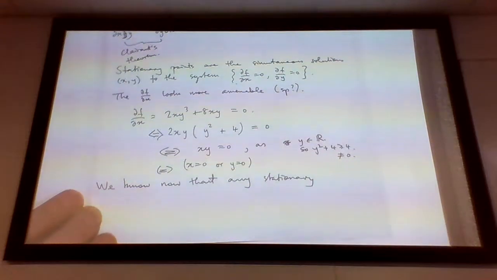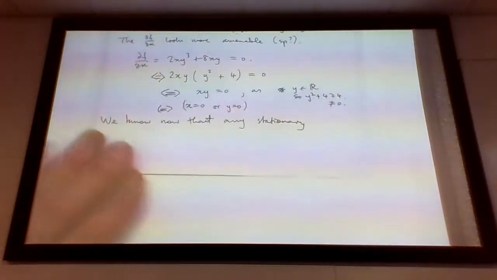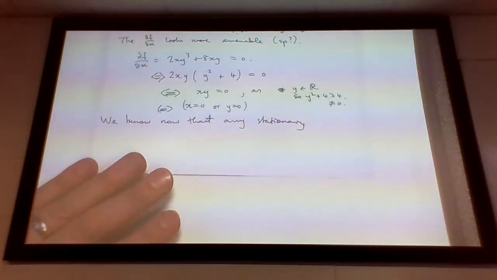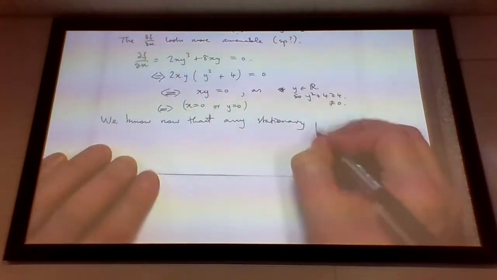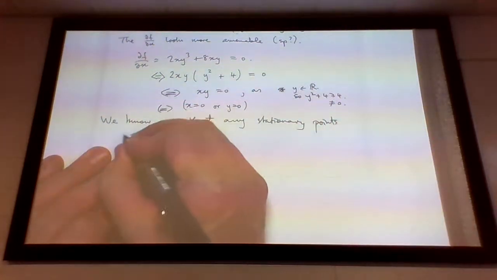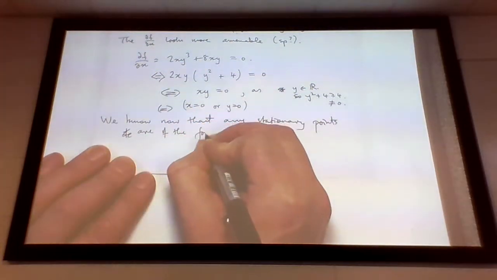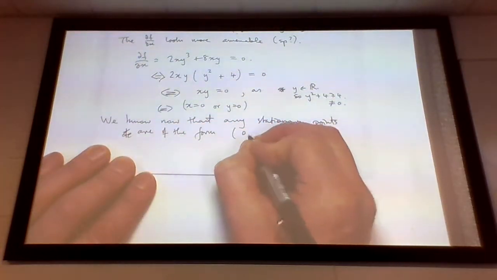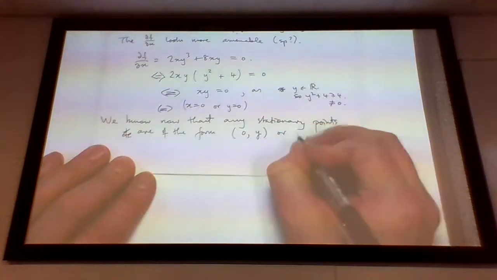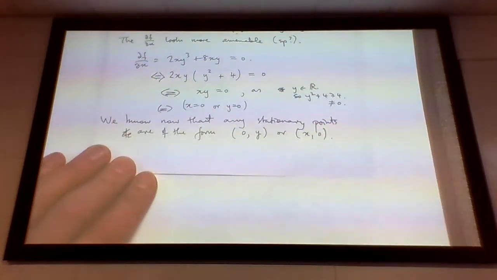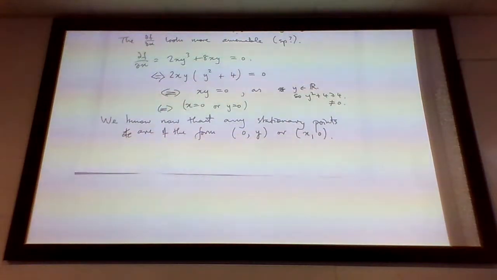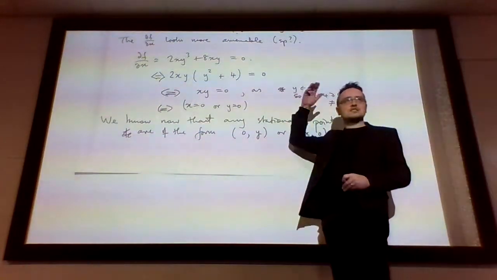Well, we do because the question told us, but morally we don't yet. But we do know now that any stationary points are of the form, well, they either look like 0 something or something 0. Okay? Because they have to solve the first equation at least.